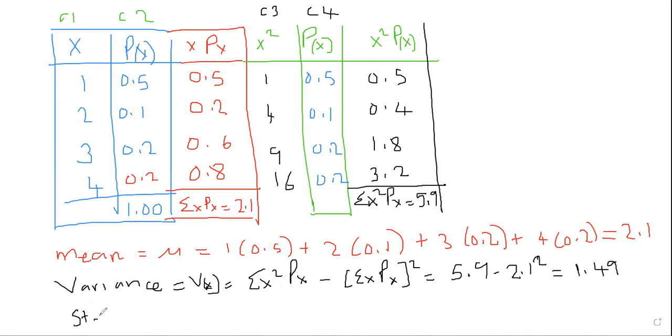Then to get our standard deviation, you simply square root the variance. To get our standard deviation, you square root the variance.